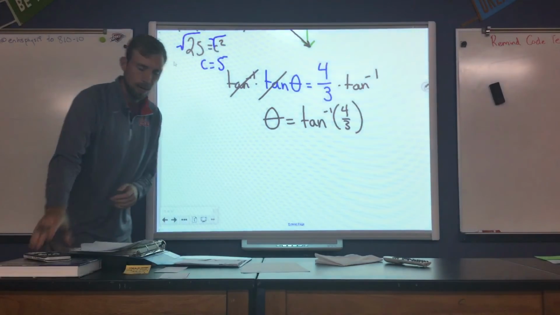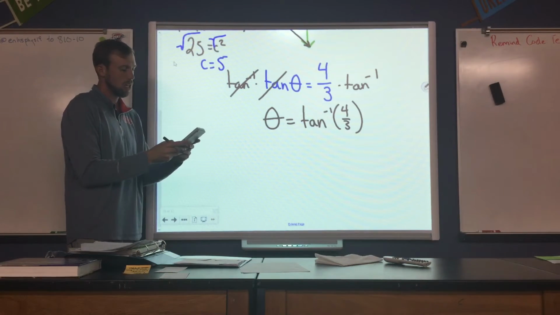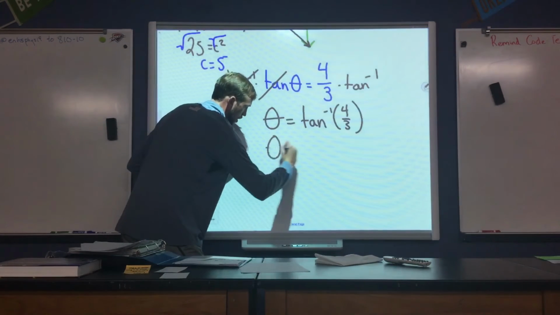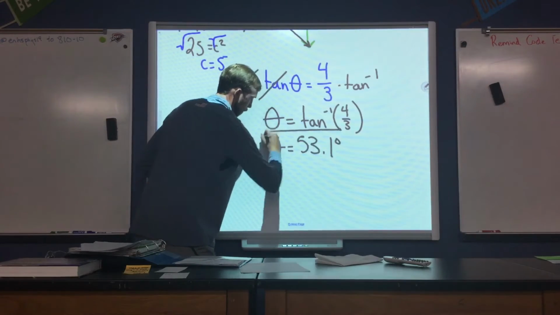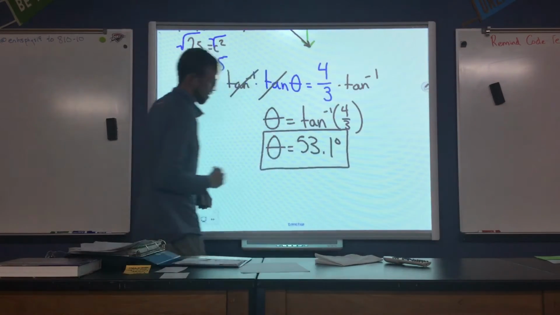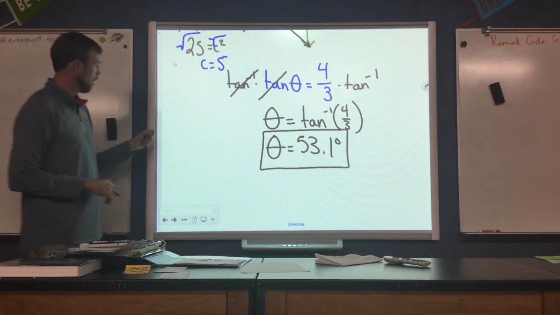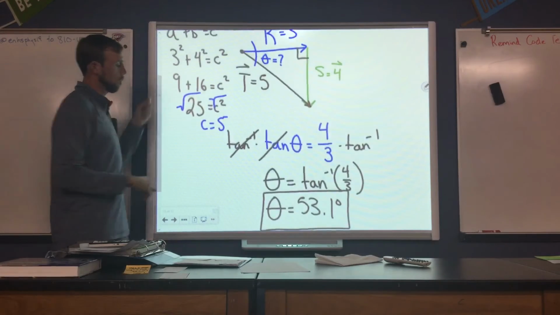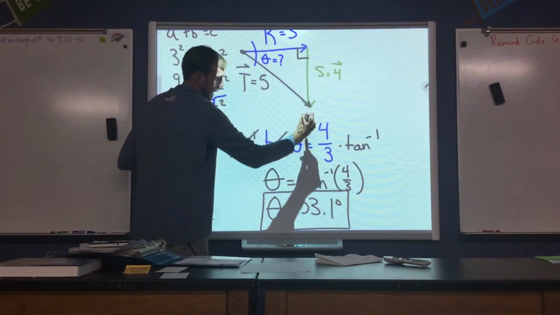Okay, so to finish this out, we will plug in inverse tangent, which is second tan, 4 over 3. And we should get a value for theta of approximately 53.1 degrees. Now, something we've discussed in class is how to make sure we're in the right quadrant. So here, from where we start, we go to the right and down.